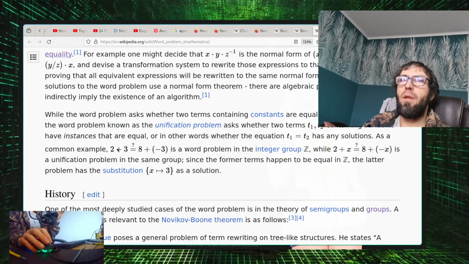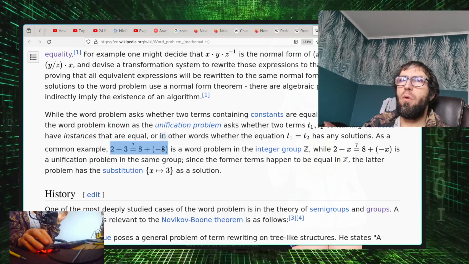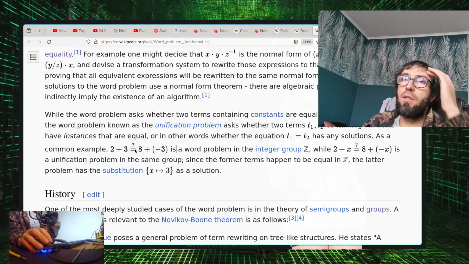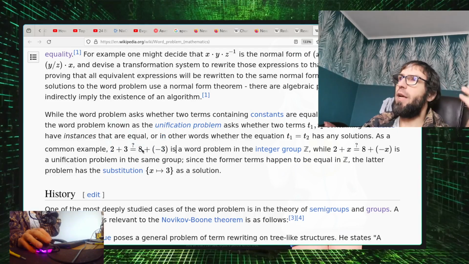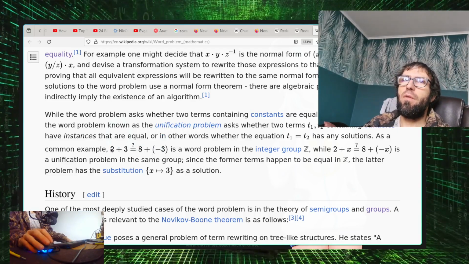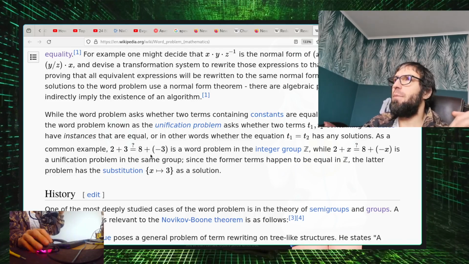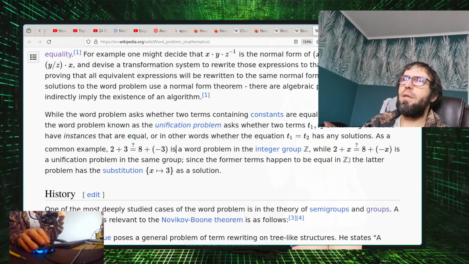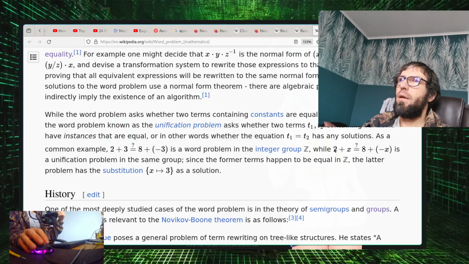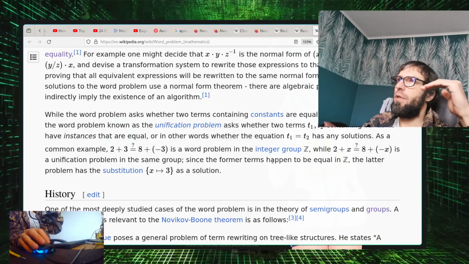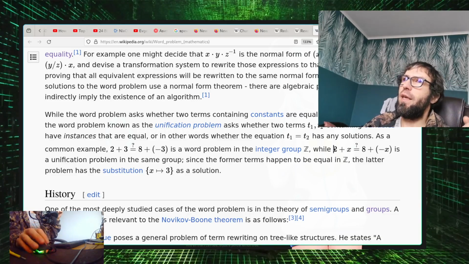So, for example, here we can see the word problem. It just needs to provide us some Boolean value: whether these two expressions represent the same term or not. And here we can see the extension of this problem, and this is a unification problem.